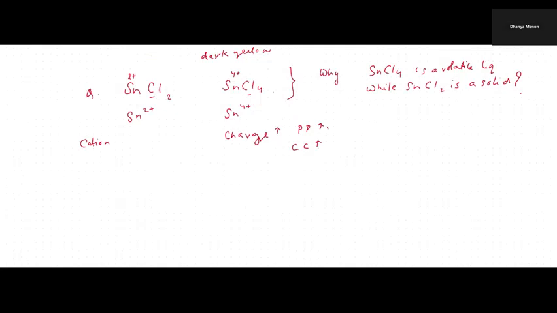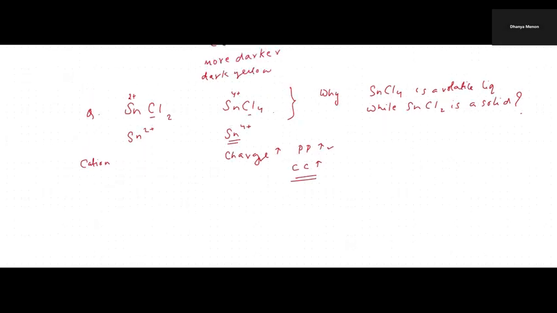We already understood that SnCl4 has the higher polarizing power because of the higher charge of Sn4 plus. That is why the covalent character is more. If the covalent character is more, definitely it will have lower melting and boiling point. That is why it is a volatile liquid. Usually, covalent compounds exist mostly as liquids and gases, very few as solids.